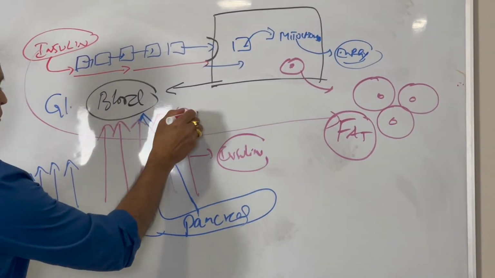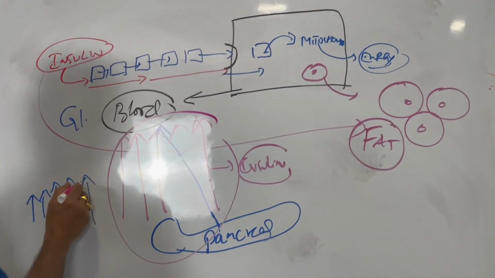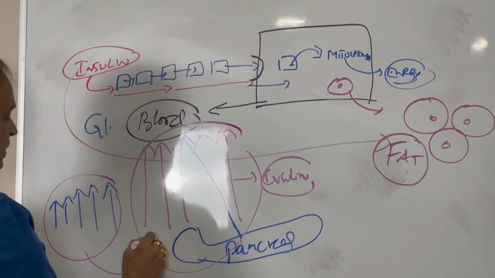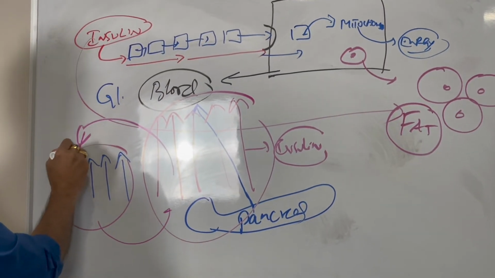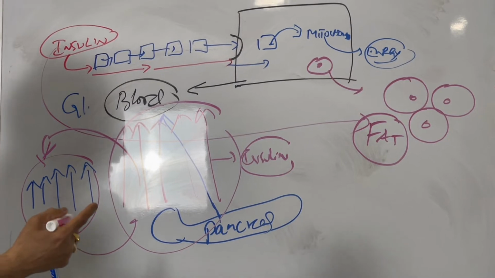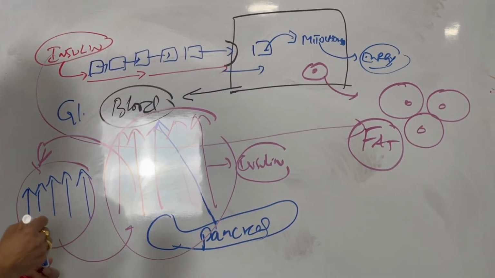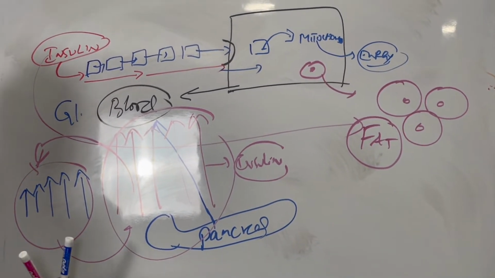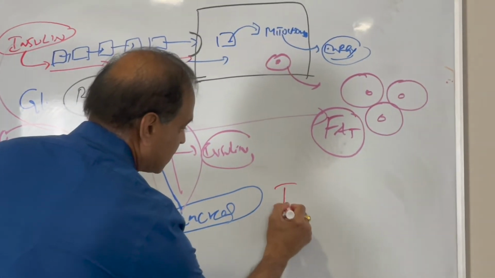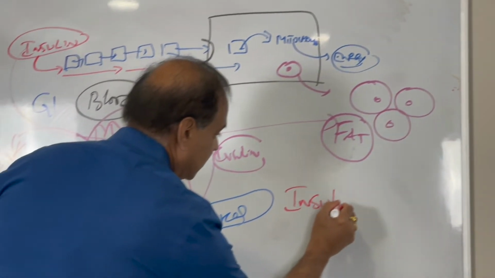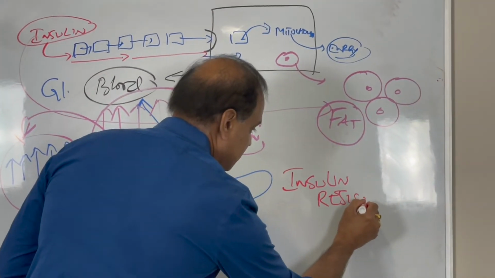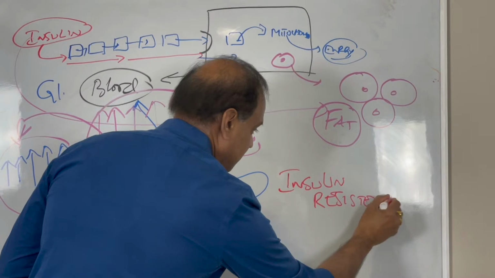So the body makes more for the more glucose that is accumulating, and as this continues in the vicious cycle, at some point the cells stop responding and there's a pile up of everything, and this process is called insulin resistance. I will explain this to you more. You need to understand this before we proceed to the resistance, the typical resistance, what it means.